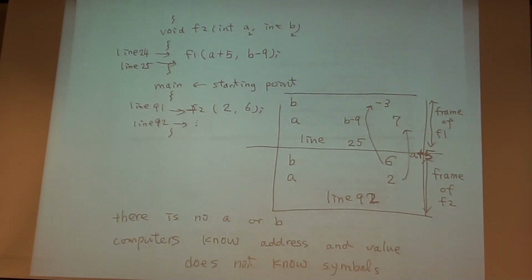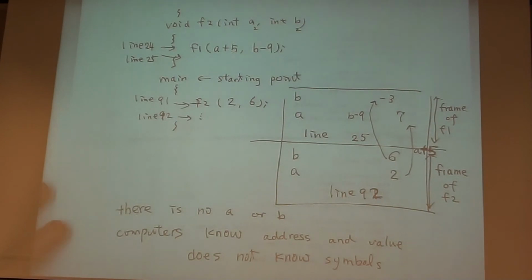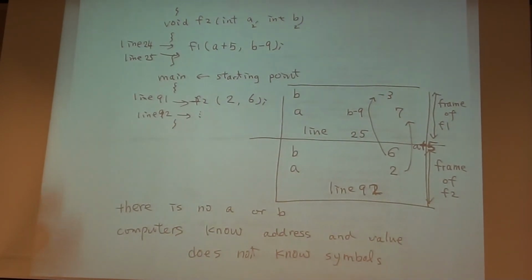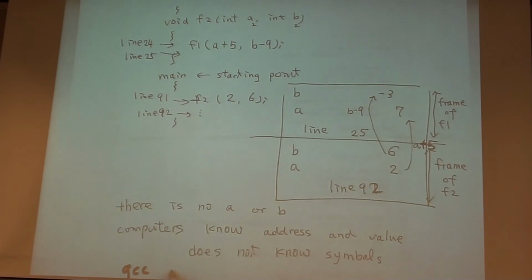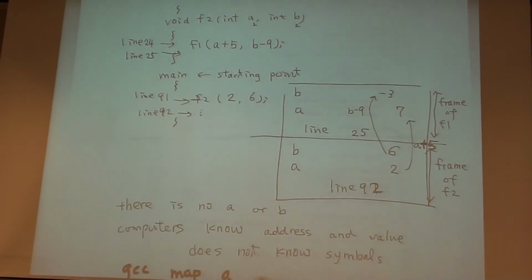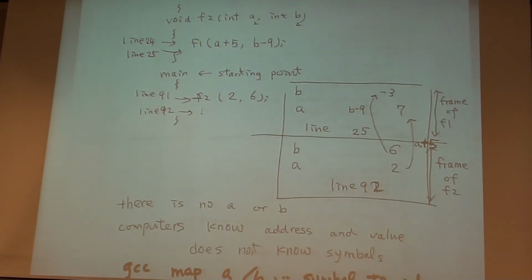Will we keep track of addresses on the call stack? Okay, that's the next point. The next thing is the computer knows addresses. So what the computer will do is translate A and B into addresses. The GCC will map A, B, and all symbols to addresses.